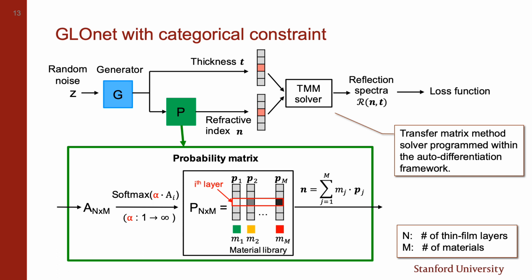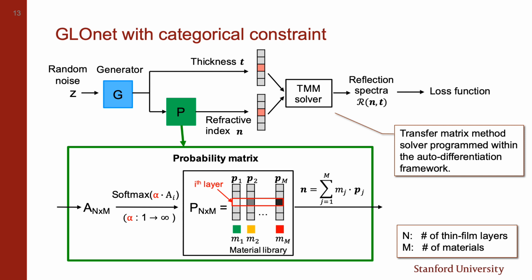The output of the network now becomes the expected refractive index of the S layer, which can be calculated using the probability matrix P. The expected refractive index can continuously vary and allows the gradient from the TMM solver for backpropagation.